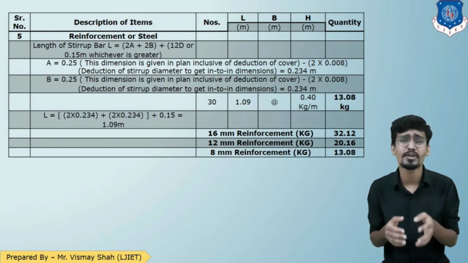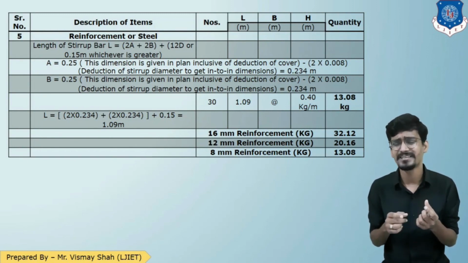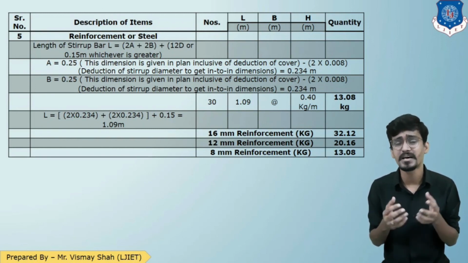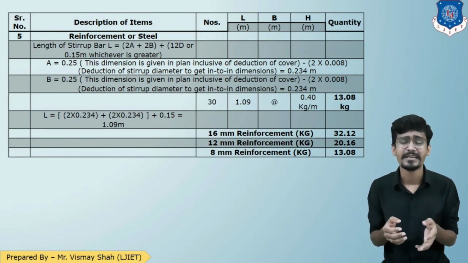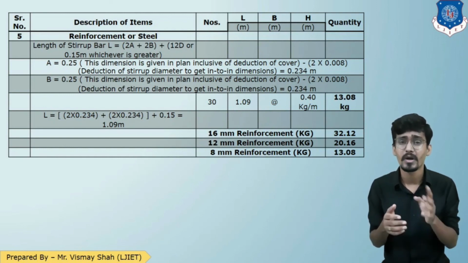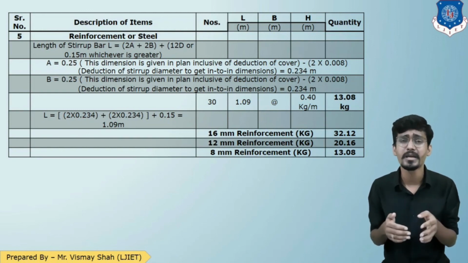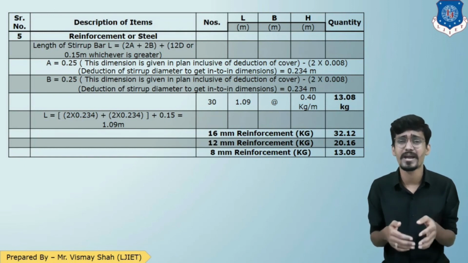Now to find the value of a, we know it is the total dimension of the column minus cover minus 2 times the diameter of the stirrup or lateral tie. Here the value of a and b will be the same because this is a square column, so both dimensions are 0.3 meter. 1 meter is for the footing, but we are talking about the column, so the column is 0.3 meter. So we'll get the length as 1.09 meter.